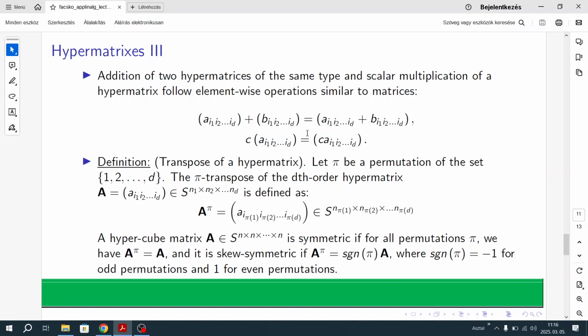So P should be a permutation of the set of these numbers. The transpose of a higher order hypermatrix E is this. What does this mean? This is a permutation, and these indexes are a permutation of the original elements.